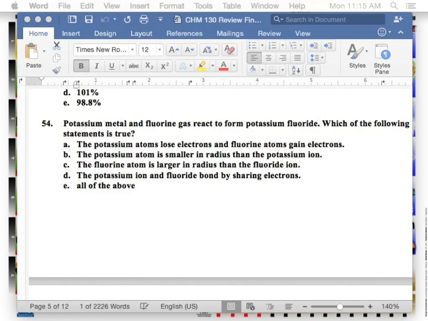The best way to answer this question that I found was actually writing out a chemical equation, so that you get another number. So, potassium metal, a solid, plus fluorine gas gives potassium fluoride. I don't really care what the phase is here.